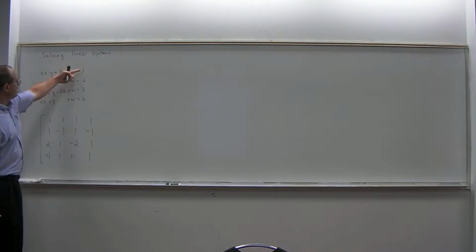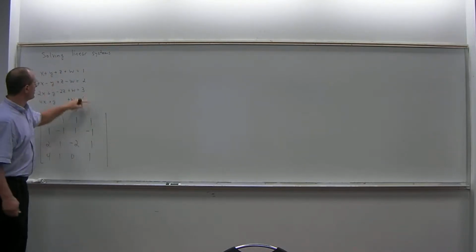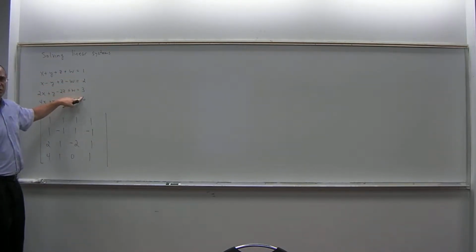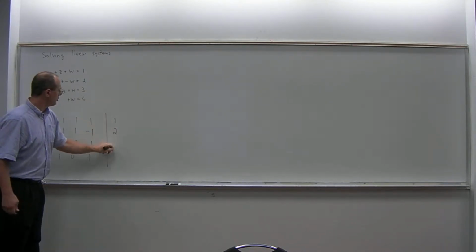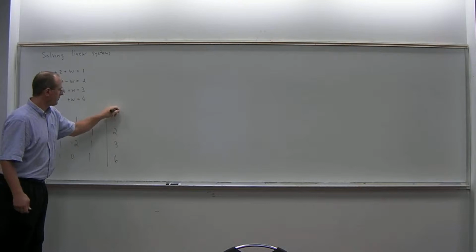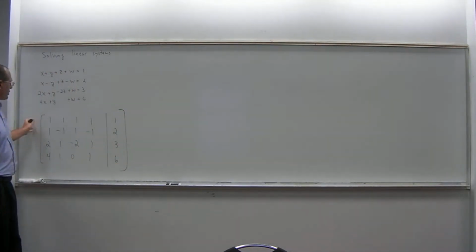And then I'm going to make the augmented matrix. I'm going to put the constant terms on the other side of this divider. 1, 2, 3, 6. So that's just a shorthand way of writing this system.